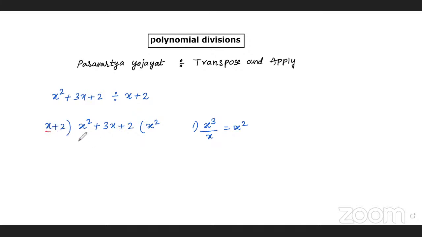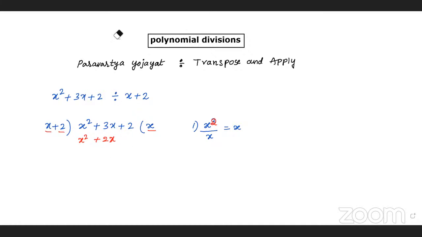So x into x square, that is x square we are getting. After that 2 into x square will be 2x, sorry, I wrote it as 2x cube. Actually it is not an x square, this is only x. So then we are getting x plus something.